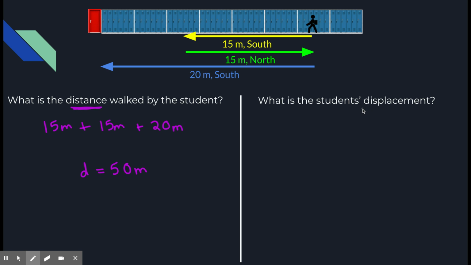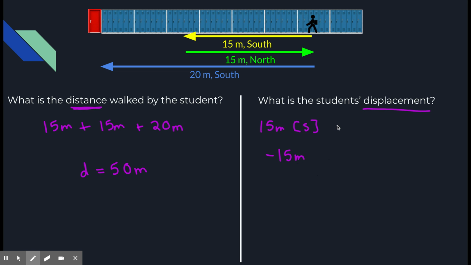What is the student's displacement? This is where it has direction. Usually, for calculation reasons, I will give my directions as either negative or positive. South I usually think of as backwards, so 15 meters south is negative 15.